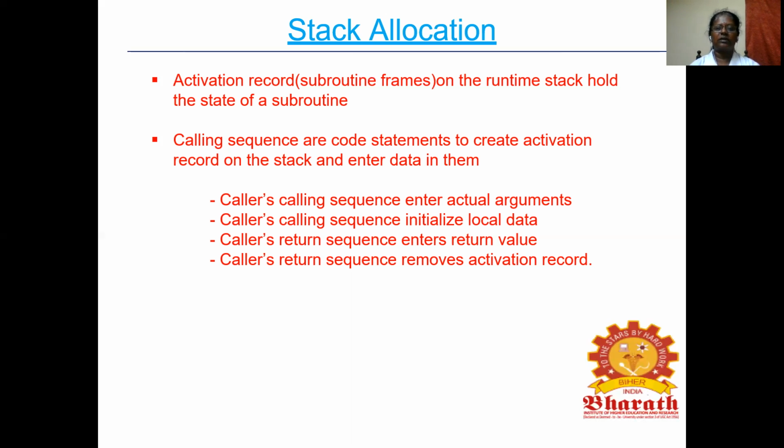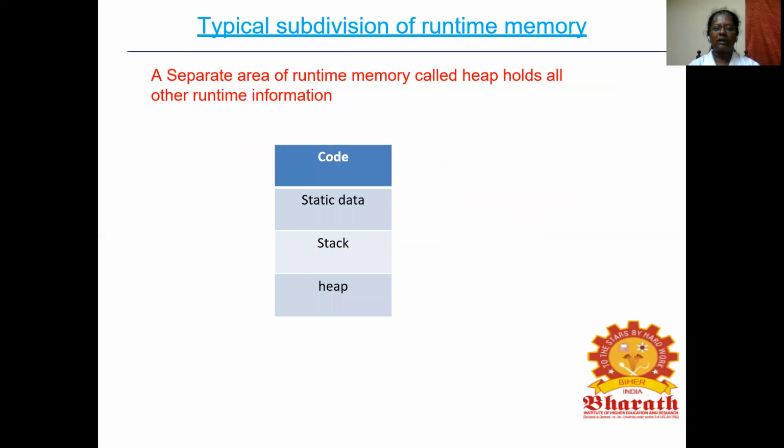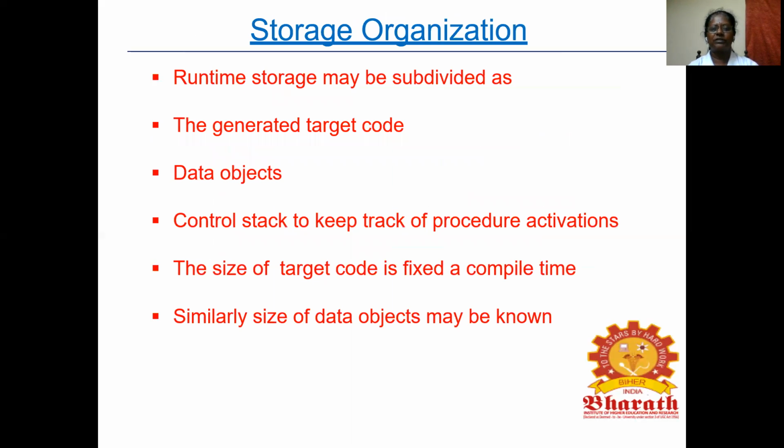So this is the stack allocation at runtime. What topics have we discussed? Stack allocation and runtime memory: what memory is used at runtime? Separate memory is used at runtime. Then storage organization, how the storage is organized.